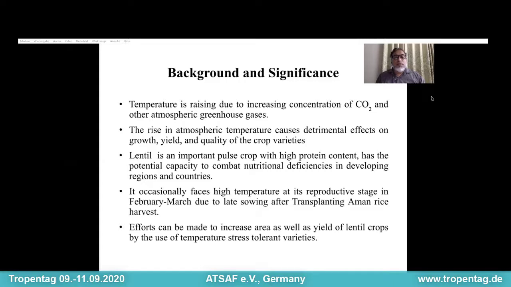It occasionally faces high temperature at its reproductive stage in February-March due to late sowing after transplanting aman rice harvest in Bangladesh and some parts of India. Efforts can be made to increase area as well as yield of lentil crops by the use of temperature stress tolerant varieties.